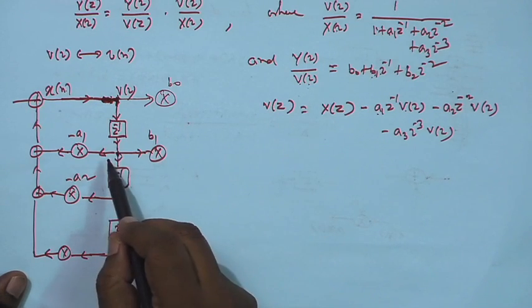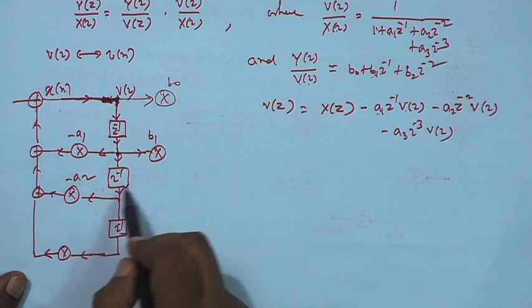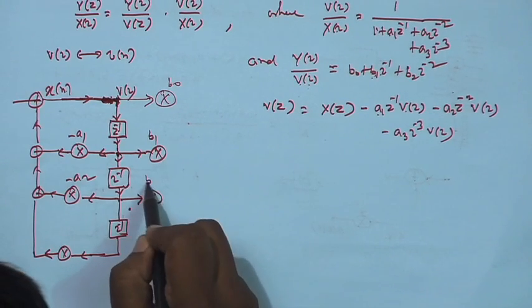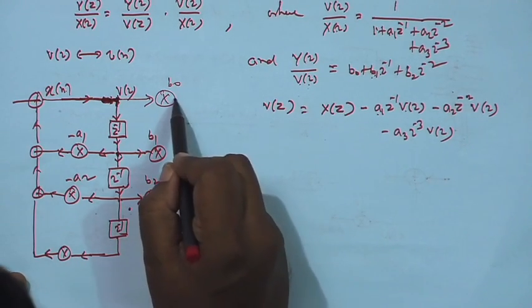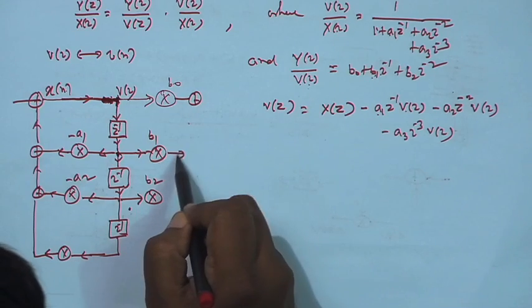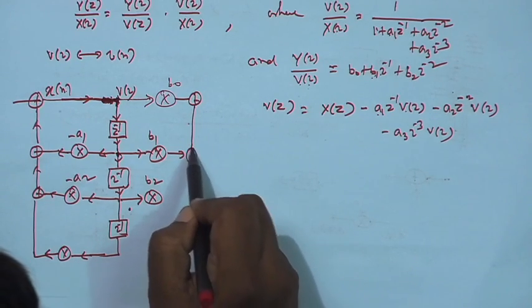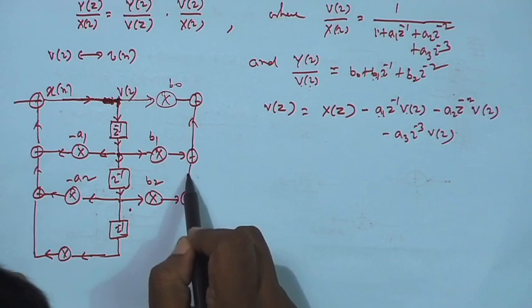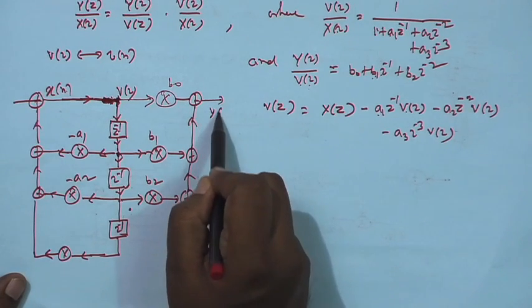And then Z inverse 2 V(z). Take a line out and multiply by B2. And then add all of them. You get your Y[n].